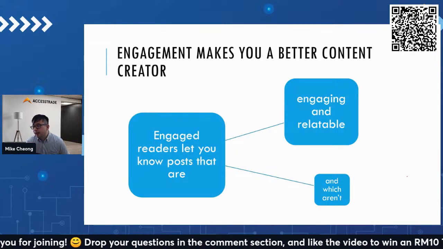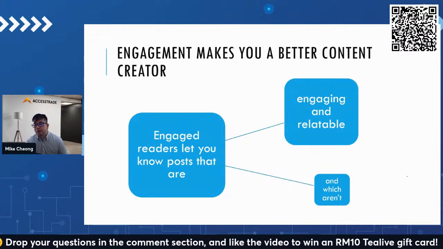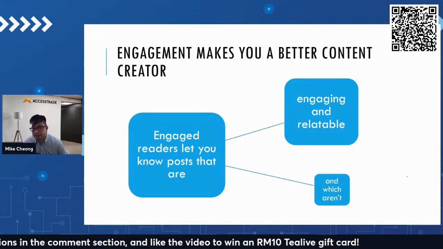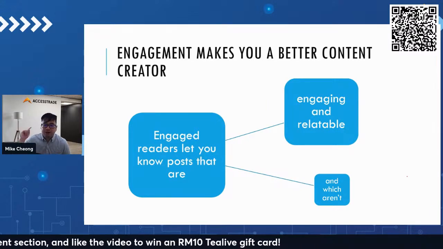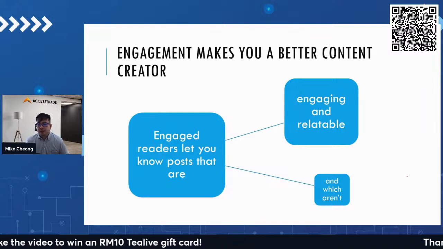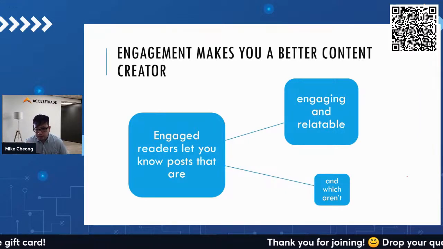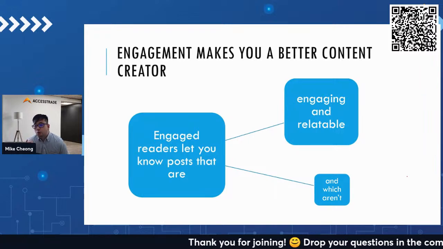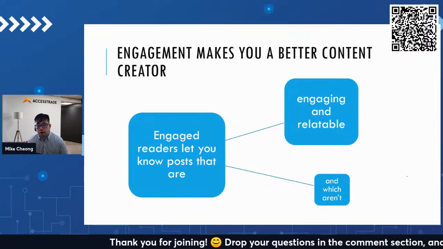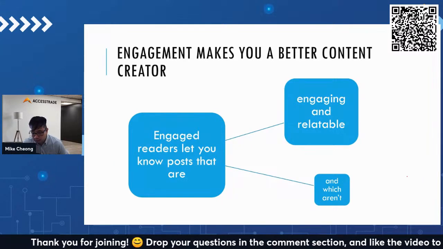They really have something to say. They really want to give their input and maybe their suggestion, or maybe they even want to tell you how you can be better also. These are really good signals that tell you what is engaging to your audience and what is not.